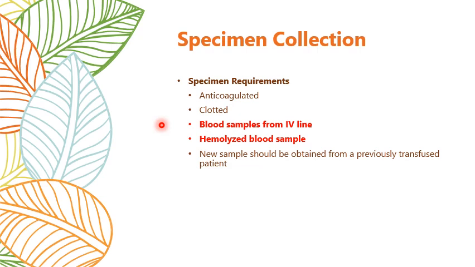Before collection, you should turn off the IV line for 5 minutes. If you do not know how to turn off an IV line, you may ask the attending nurse for assistance. Again, turn off the IV line for 5 minutes prior to blood collection.